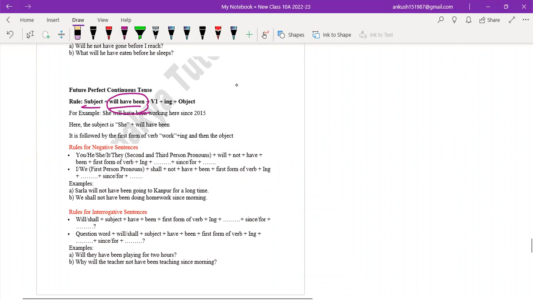Here in the sentence, she will have been working here since 2015, means from 2015 she would have been working here, for the company or this industry or wherever she is working. Got it? In the negative sentence, definitely after will, not is used and have is used over there.